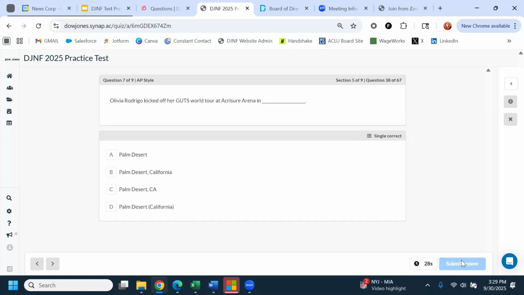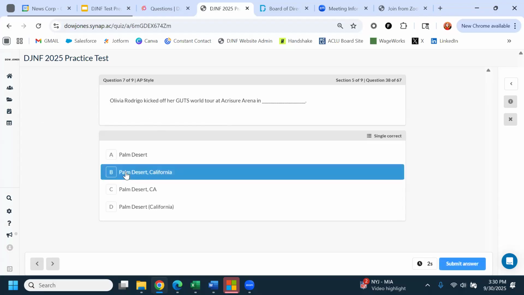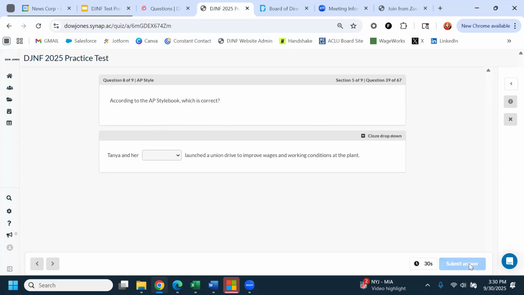So then there's rules about when you write city and state. When do you write just the city? When do you write the abbreviation? Do you put in parentheses? So look up the rules because not all cities and states are written the same. There are rules about which ones are written certain ways. This one is Palm Desert, comma, California, spelled out.